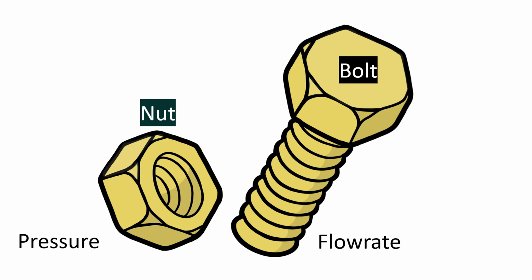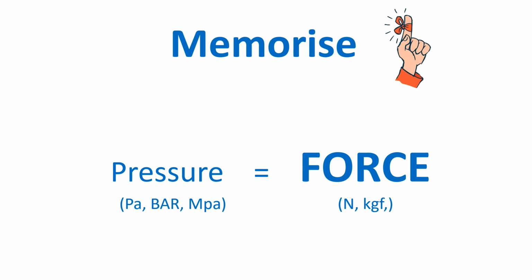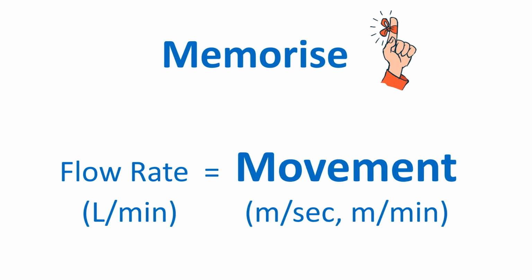Pressure and flow rate have the same relationship. Independently, they are useless, but together they can perform work, exert a force, move something, for example. Let's memorize the following. Pressure equals force. Memorize this also. Flow rate equals movement.